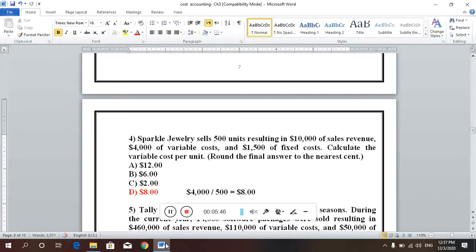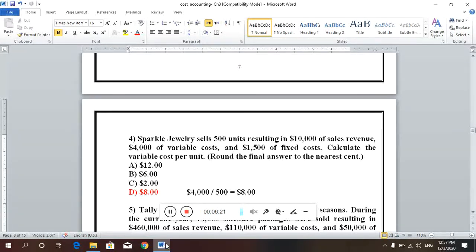Here he gave me the units sold, 500 units, and sales revenue of $10,000. The total variable costs are $4,000, and the total fixed costs are $1,500.